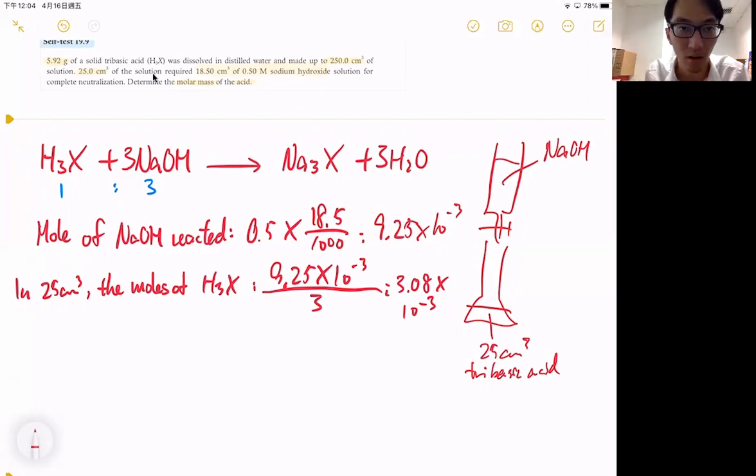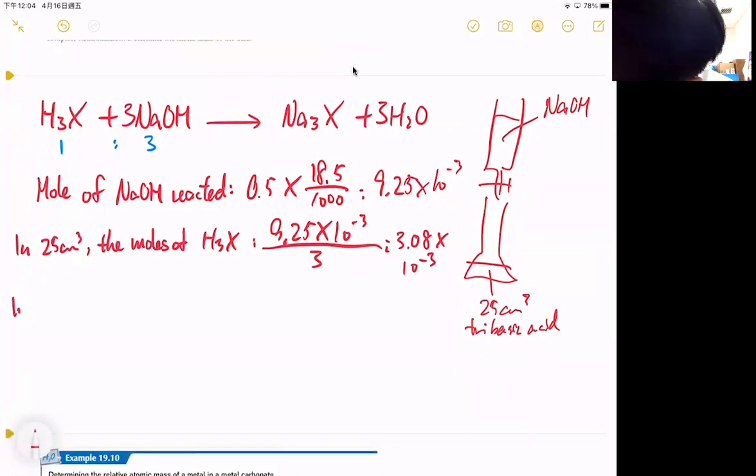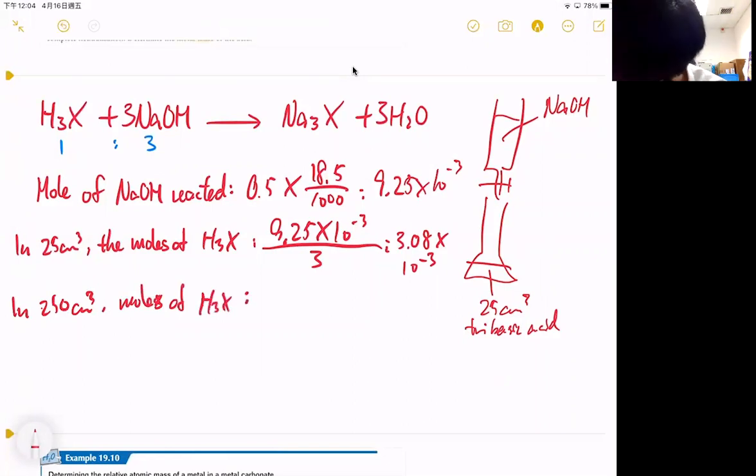So how about in 250 cm³? The number of moles of the acid in 5.92 grams will be equal to the number of moles of the acid inside 250 cm³, right? So in 250 cm³, the moles of H3X will be 3.08 times 10 to the power of negative 3 times 10.